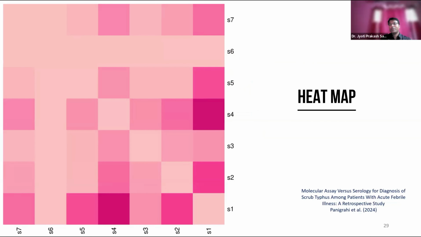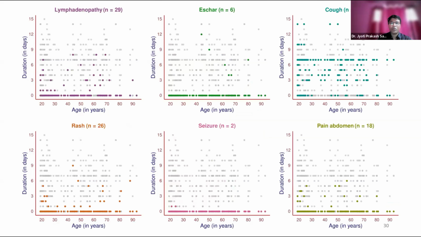This is the heat map. This one will be easier. We'll follow this. We have done a study on scrub typhus. Those participants had 7 symptoms. All of them had fever, and these are the rest 6 symptoms.